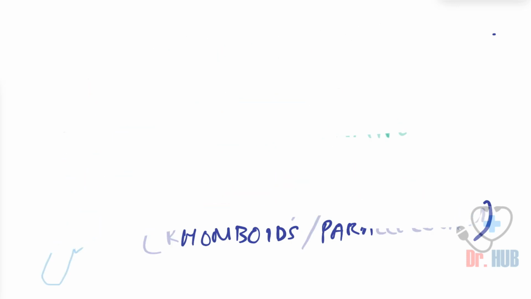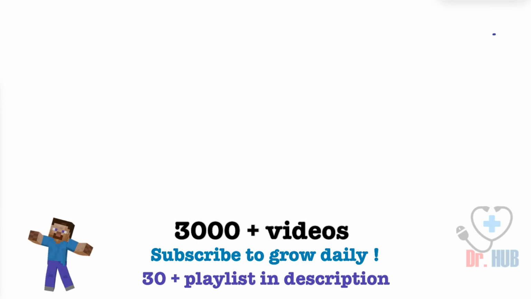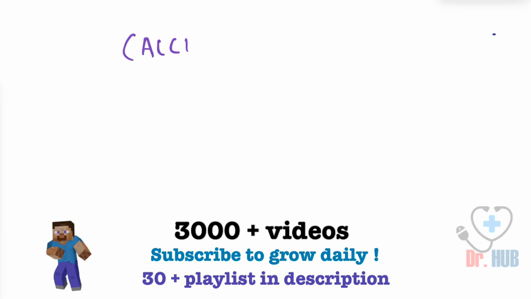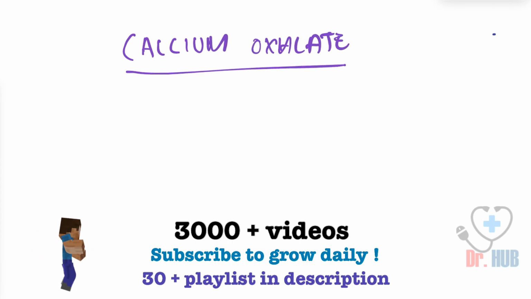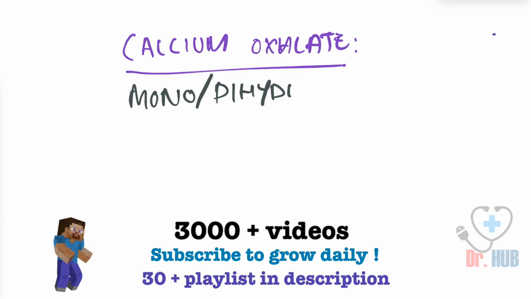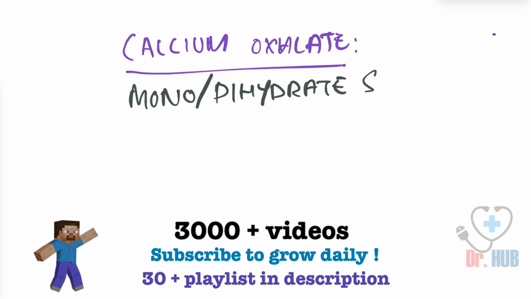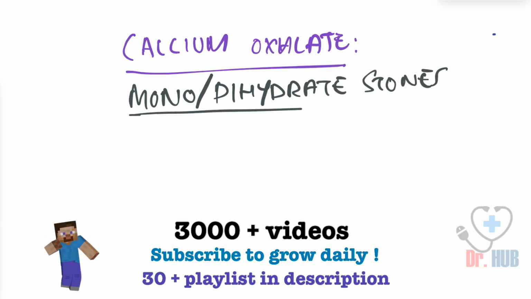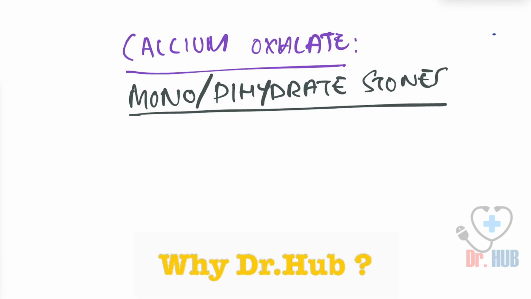Next we move on to calcium oxalate. So what is calcium oxalate? In case of calcium oxalate, it is the mono or the dihydrate stones. Here the shape is dumbbell shape.